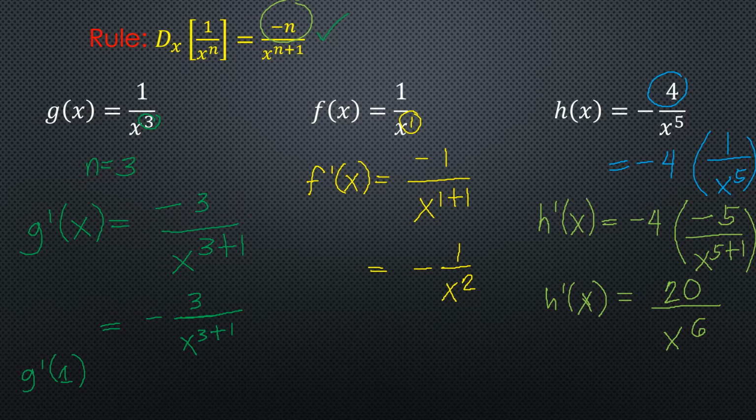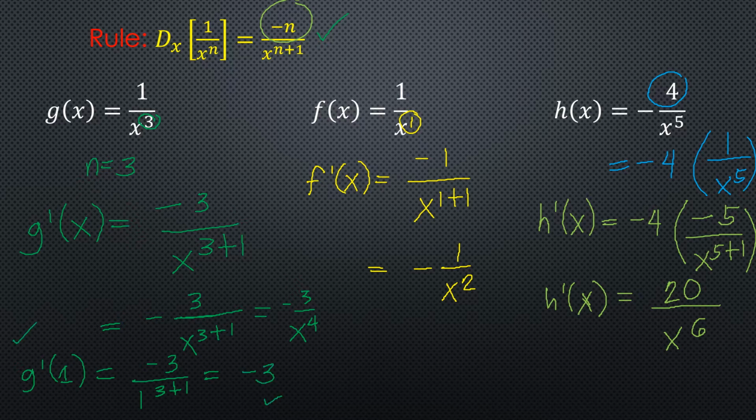So g prime of 1 will now be equal to negative 3 over 1 raised to 3 plus 1, that will be equal to 4. So this is negative 3 over x raised to 4. Okay, so we now have the answer negative 3. So g prime of 1 is negative 3.